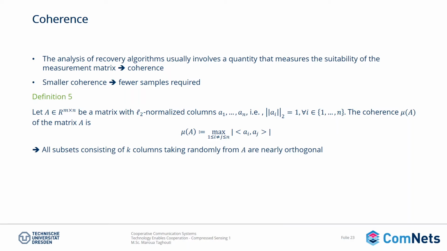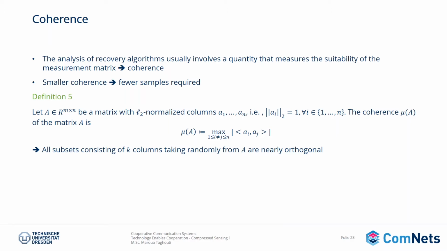So by definition, we would have a matrix A, our measurement matrix A, with L2 normalized columns A1 until AN, so any L2 norm of the columns would be equal to 1.